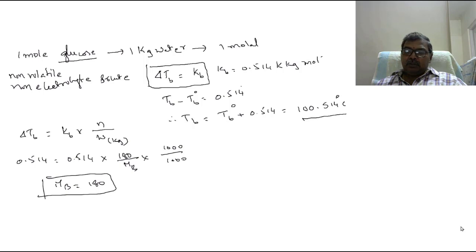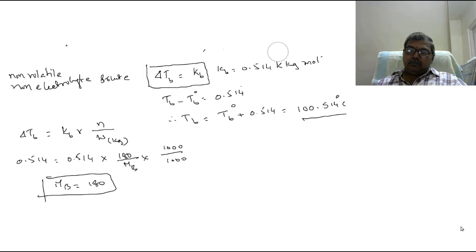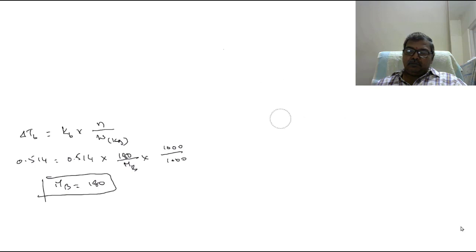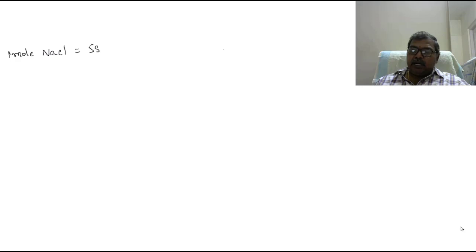Now just see one more example. Listen carefully, this is most important. See, 1 mole NaCl, it is 58.5 grams NaCl, and that is dissolved in 1 kg water.